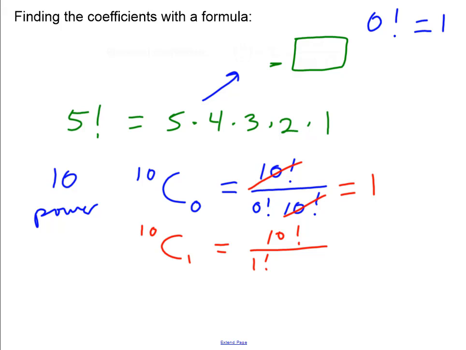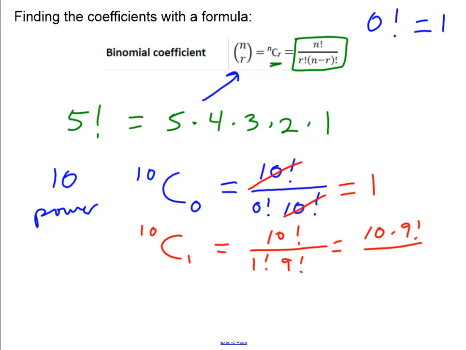And then the next part of our formula, which has hidden on us here, is n minus r. So for n minus r, that would be 10 minus 1, or 9 factorial. Well, 10 factorial equals 10 times 9 factorial. And I'm just going to leave out this 1 because 1 times 9 factorial is just 9 factorial. So these are going to divide out, and that does indeed just leave us with a 10.